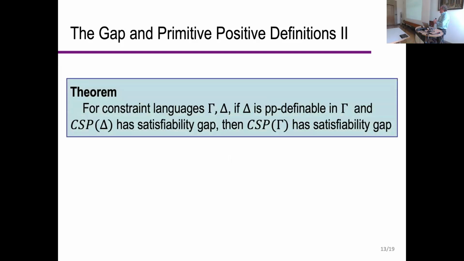What is good about that is, if we have a language gamma, we can define some other language, say delta, and if CSP of delta has a gap, then CSP of gamma has a gap. So now the direction is clear. We need to start here. We need to define some linear equations. Linear equations have a gap. Therefore, this one will have a gap. That's the strategy anyway.